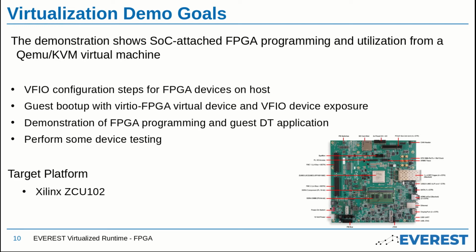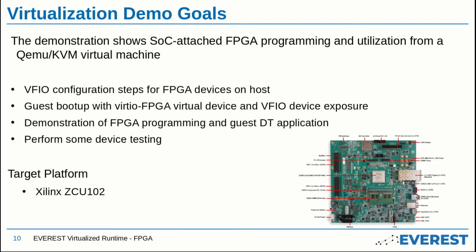In the demo, first we will do some necessary configuration steps on the host. Then we will see that guest boots with virtio-FPGA and VFIO devices assigned. From the guest, we will then trigger a request to program the FPGAs and apply a device tree overlay to enable the VFIO devices that are now part of the hardware.